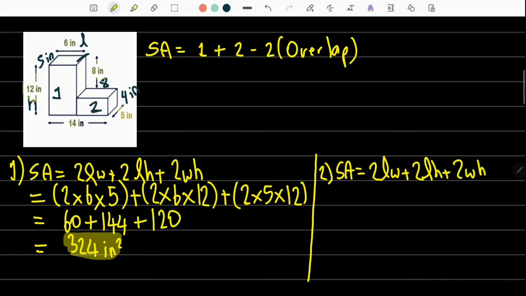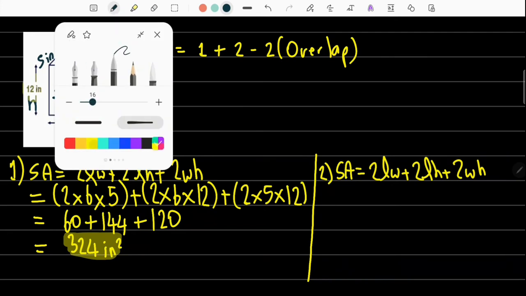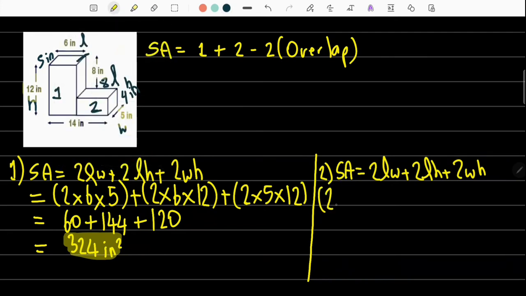So this is our length, this is our width, and this is our height. Let's substitute: 2 times our length 8 times width 5, plus 2LH, so 2 times 8 times our height 4, plus 2WH, so 2 times our width 5 and our height 4.